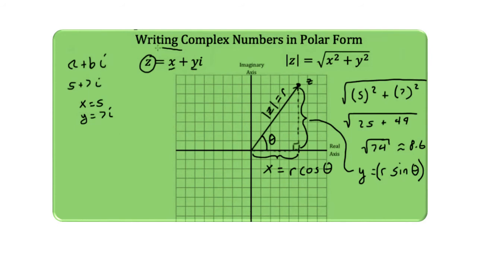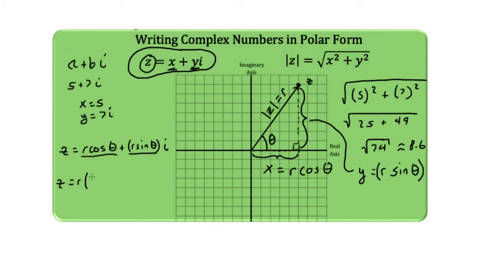So if I wanted to, I could take this form and say z is equal to r cosine theta plus r sine theta times i. This is x, this is y, and if I factor out an r, I will get z is equal to r times the cosine of theta plus i sine theta. Well, this is how you write complex numbers in polar form.